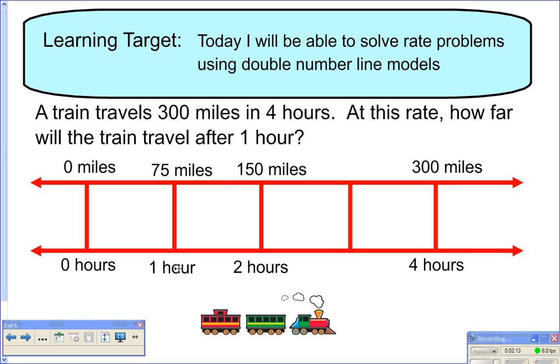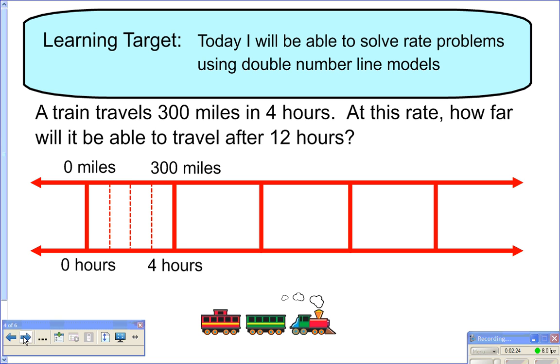If we wanted to figure out how far it would travel in 12 hours, we could just multiply that by 12. So 75 by 12 would tell us how far it would travel in 12 hours. Or we could look at this as 4-hour units. Here's our unit rate again. That would be 1 hour, and 2 hours, 3 hours, and 4 hours. 4 hours is 300 miles. 1 hour we calculated as 75 miles, and remember 2 hours was 150.